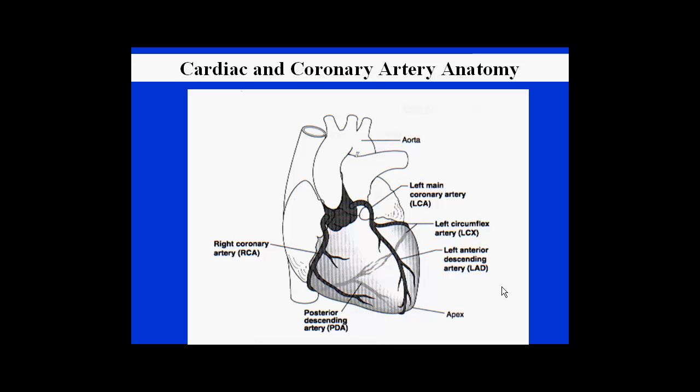Most cardiovascular specialists are very well aware of the general spatial orientation of the coronary arteries from prior experience, including direct coronary angiography.